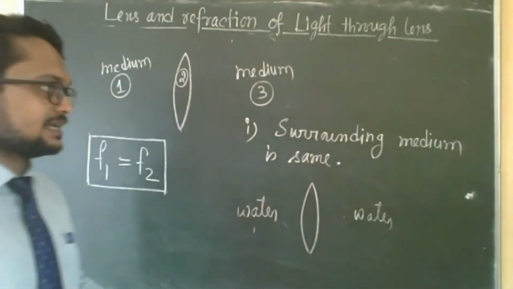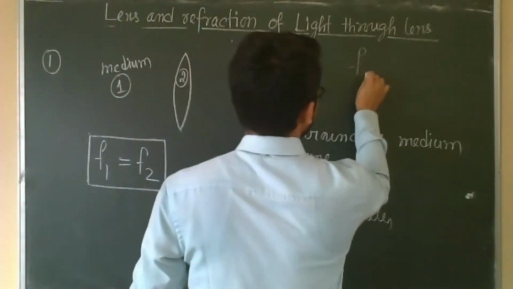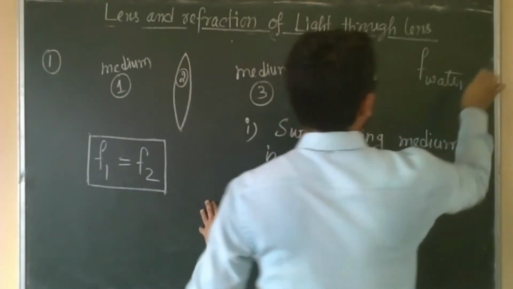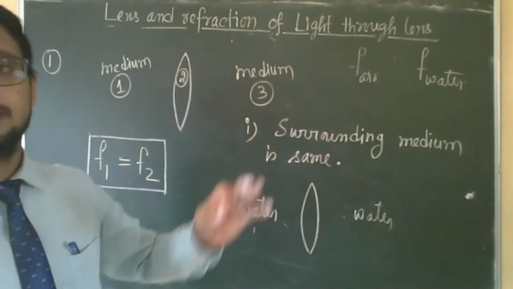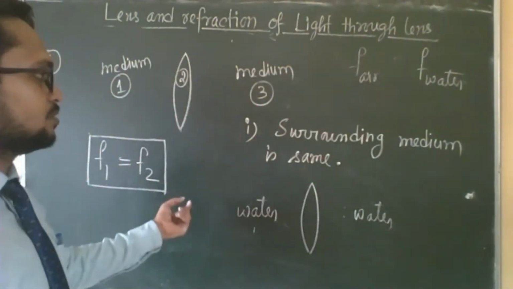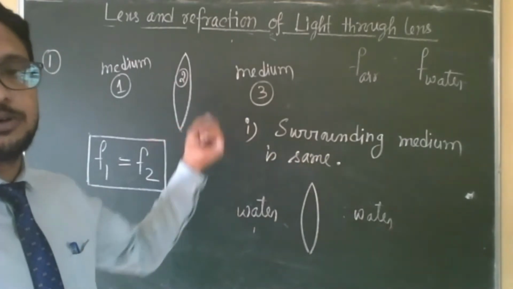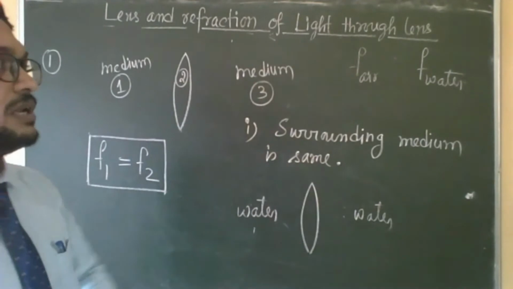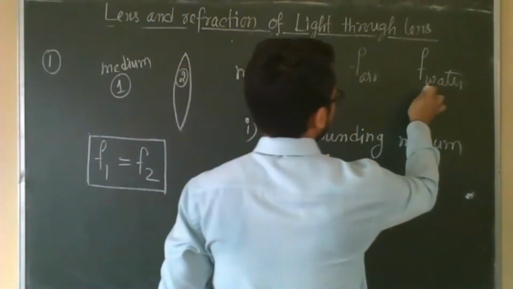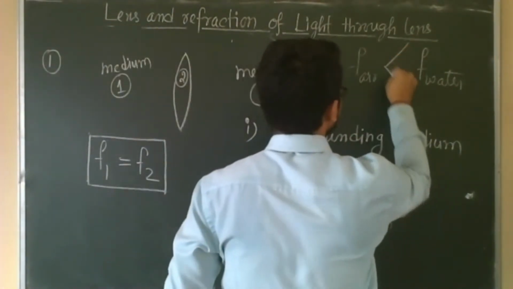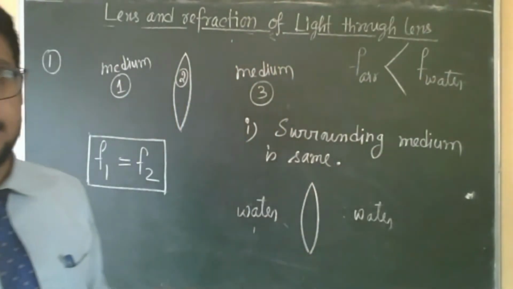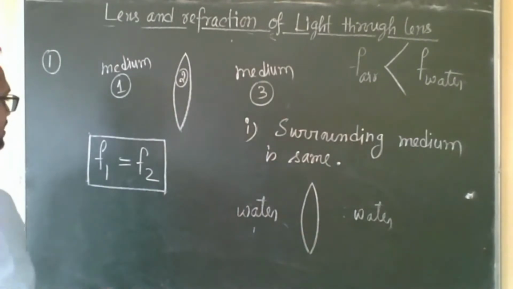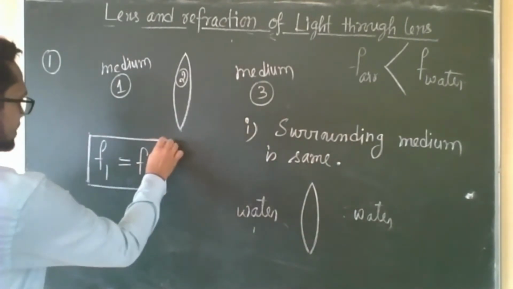But in both cases, when the surrounding medium is air and when it is water, the value of the focal length will change. F1 for air and F2 for air will be equal. F1 for water and F2 for water will be equal. But F water and F air will differ. F water will be greater than F air. So this is the point for which we get the same focal length.